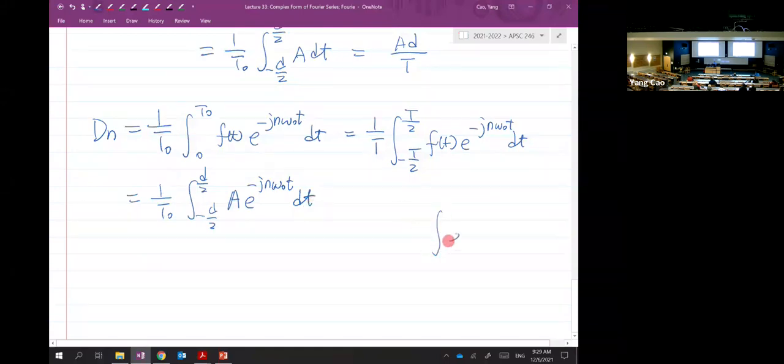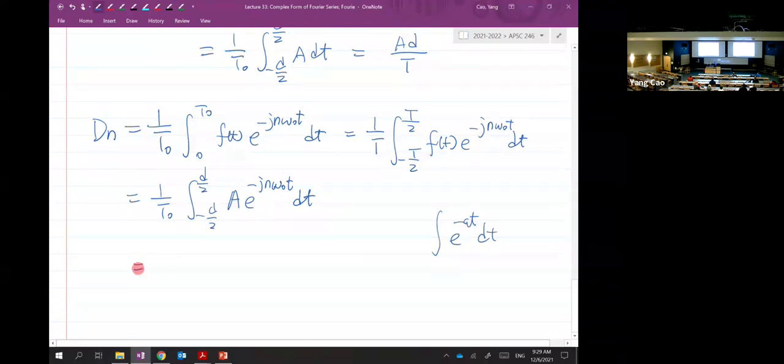I think everybody knows how to integrate an exponential function, e to the power negative at. The integral of this exponential function is no different.